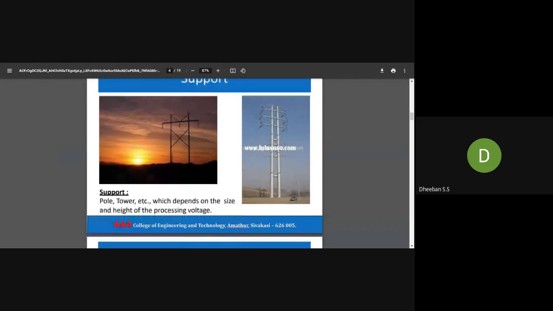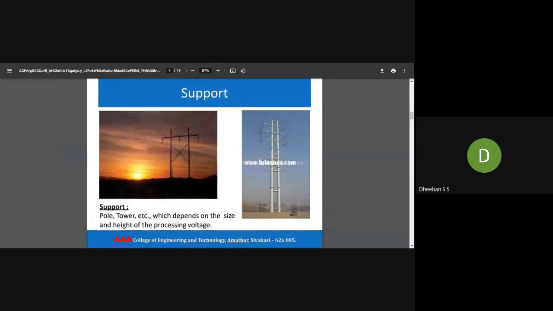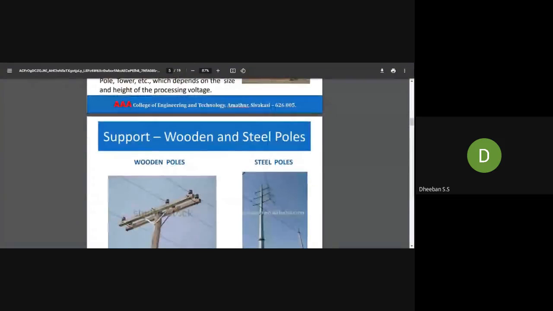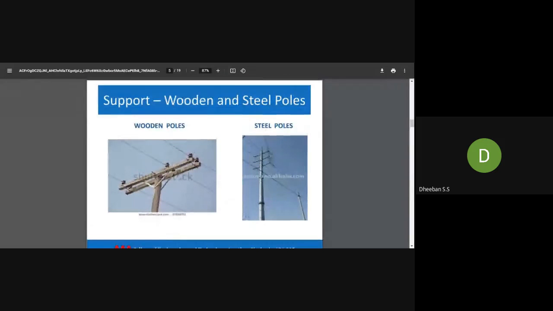Another thing is that where you have to fit a pole or where you have to take a tower mainly depends upon the range of the voltage. Next is the support, steel poles. In the support itself there are two types of poles, which you might have already seen in the local areas.